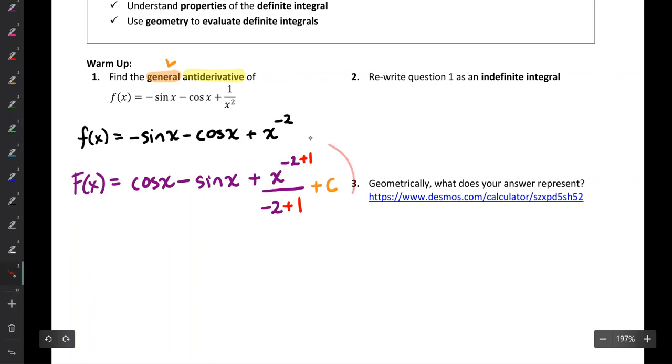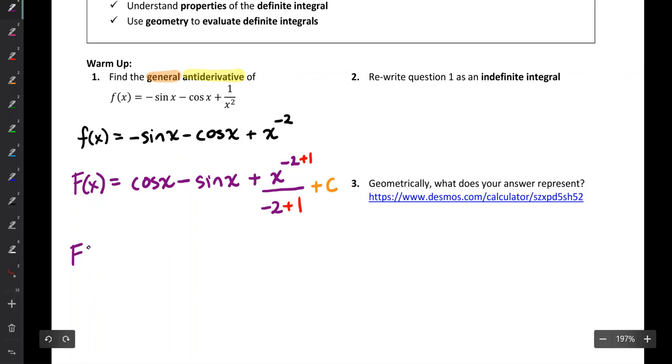Why? When I take the derivative of this, going term by term: derivative of cosine is minus sine, check. Derivative of minus sine is cosine, check. And the derivative of plus a constant is 0. And adding 0 doesn't change anything. So all your general antiderivatives will always have those plus c's.